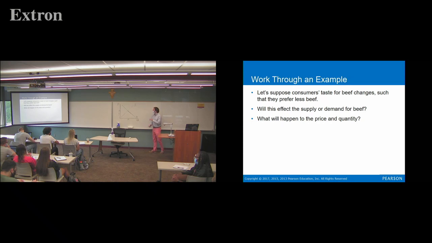Demand, all right. Which way is it going to move? Is it going to increase or decrease? We have our initial equilibrium price. The curve shifts to the left. Now we have a new lower price and a new lower quantity demanded.